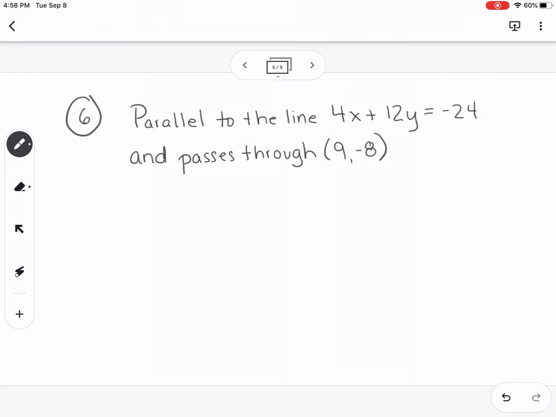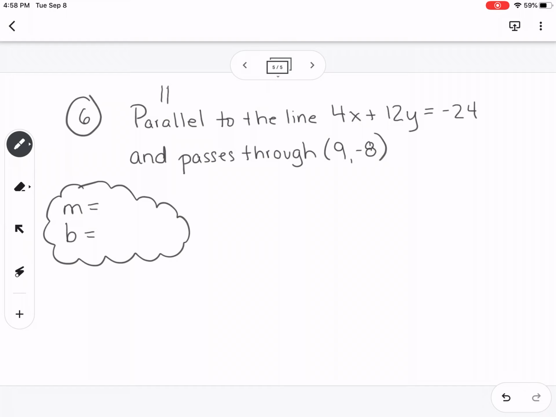Remember, anytime you're trying to write the equation of a line, you're looking for two pieces of information, your m and your b. Once you get those two things, you're good to go. So parallel, just a note, the symbol for parallel looks like the number 11, right? So you might see that symbol instead of the word.